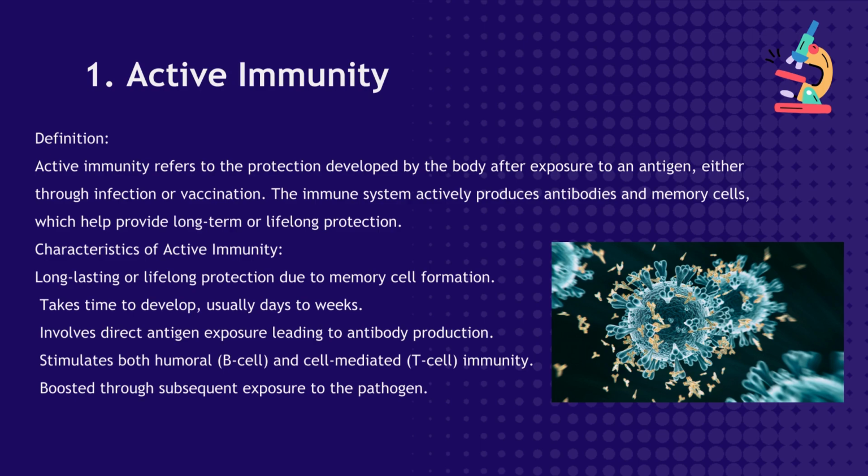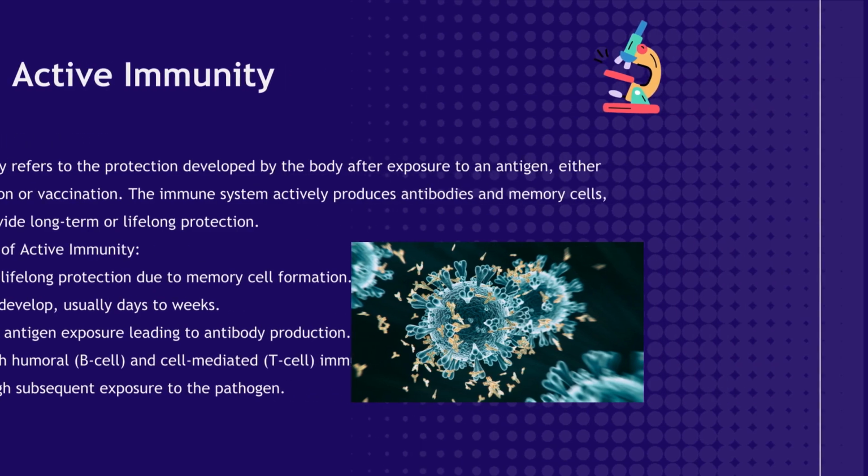Characteristics of active immunity: long-lasting or lifelong protection due to memory cell formation. Takes time to develop, usually days to weeks. Involves direct antigen exposure leading to antibody production. Stimulates both humoral (B cell) and cell-mediated (T cell) immunity, boosted through subsequent exposure to the pathogen.